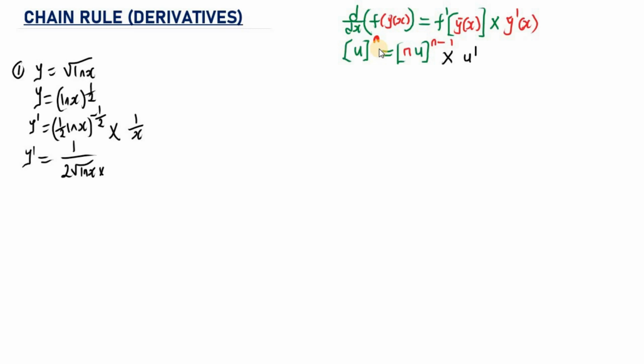Then multiply by 1 over s, because as you can see, we also have s at the denominator. So y prime is equal to 1 over 2s, then multiply the square root of ln of s. So this is the final answer.